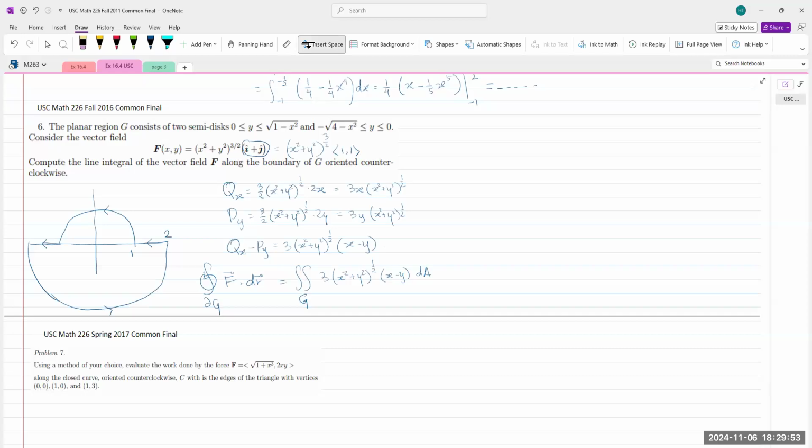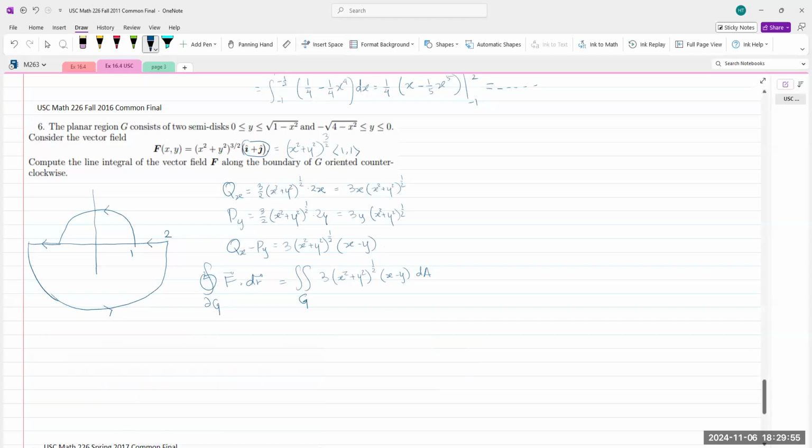Now the domain actually consists of two regions. Let's call this G1. And this is G2. Okay. I use a different color maybe. This is G2. Anything inside this is G2.